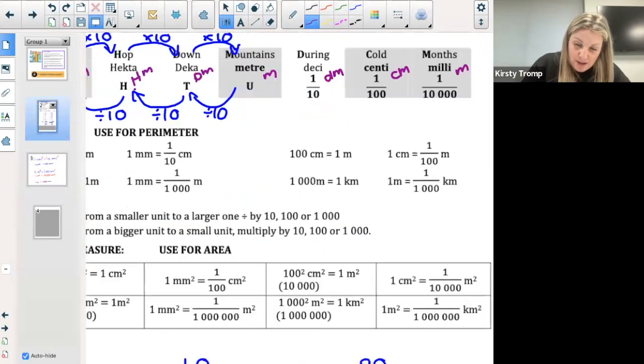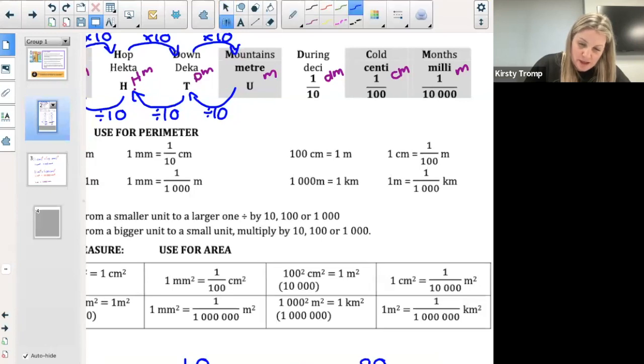So in 1 meter, there are 1, 2, 3, 1,000, okay, millimeters, hey? All right. So, oh wait, am I lying to you? Let's go double check.